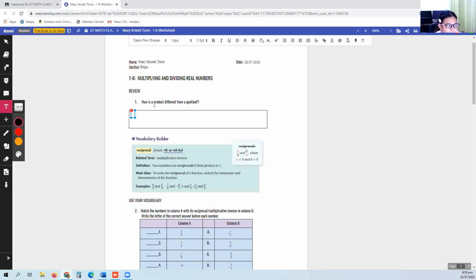Is it addition, subtraction, multiplication, or division? Okay, let's get back. Addition, you get 1 plus 1. What is the result? What do you call the result? Sum, yeah.